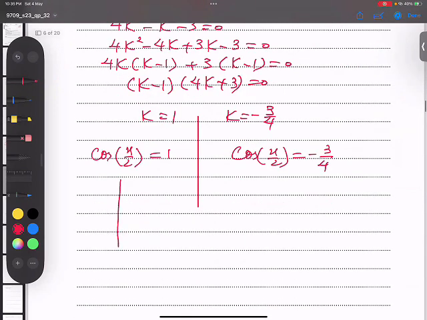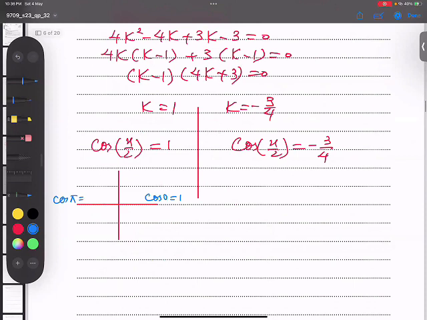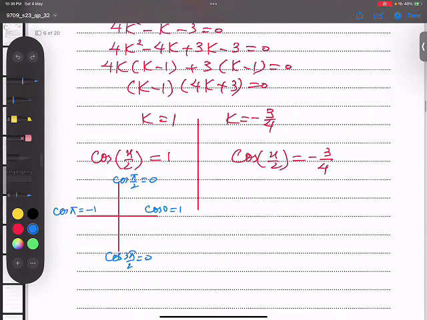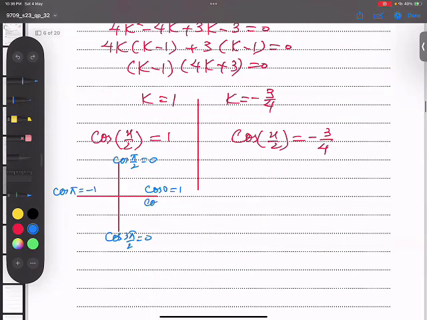And cos equals 1, where is that? This is an important thing. Cos 0 is actually 1. Cos is in radian mode. Cos pi is minus 1. Cos pi by 2 is 0, and cos 3 pi by 2 is 0. So for 1, we get only 0 in the bracket here, and 2 pi is there. So cos 2 pi is also 1.